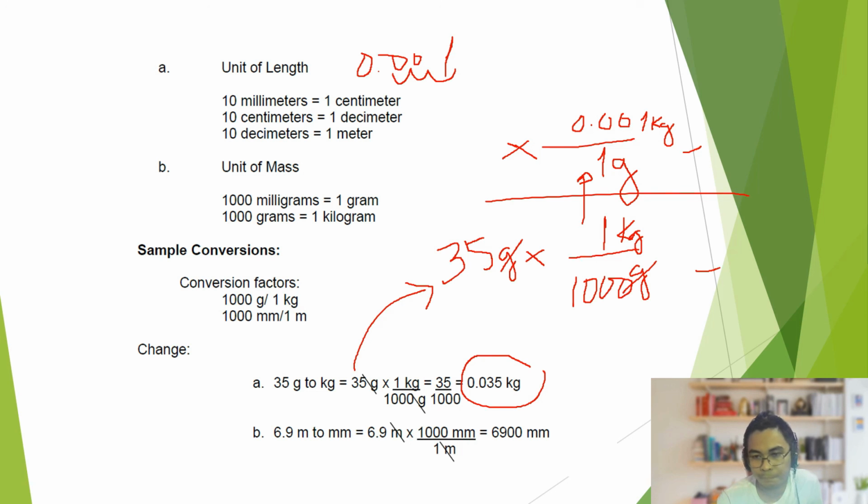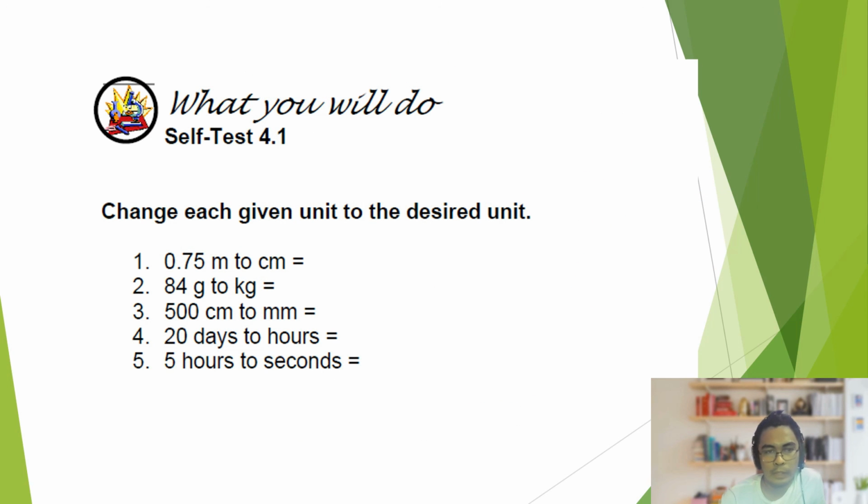Okay po? Okay, another example is provided in your module. Just study that example. Okay? Ito na po. As to this activity, just change the given unit to the desired unit. So for example, we have 0.75 meter, convert that into centimeter. Okay?